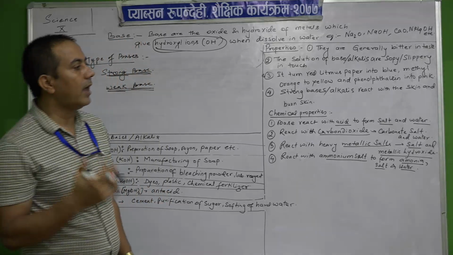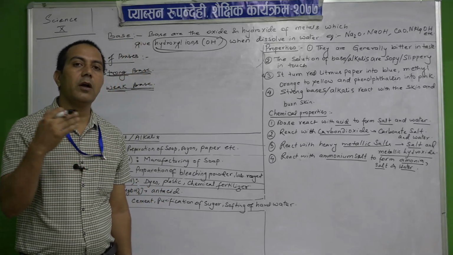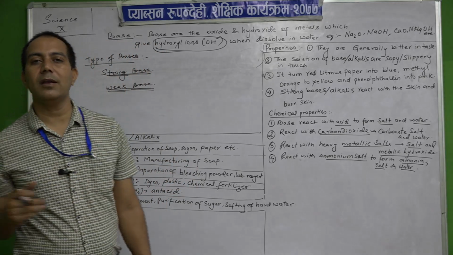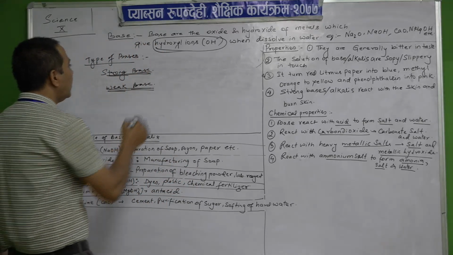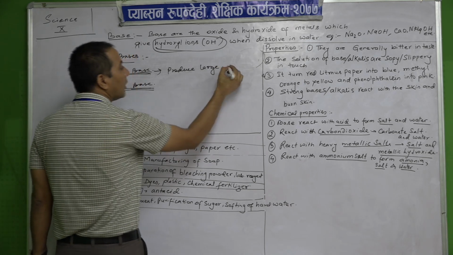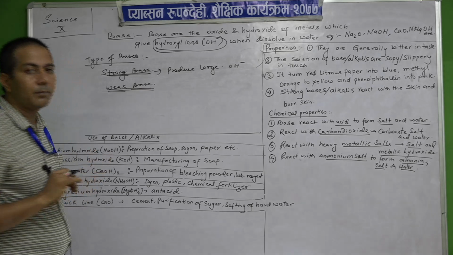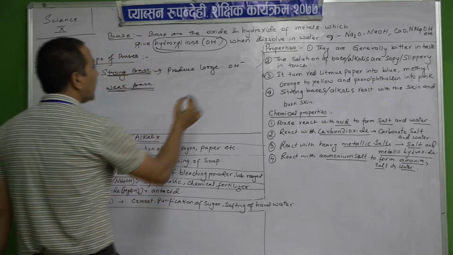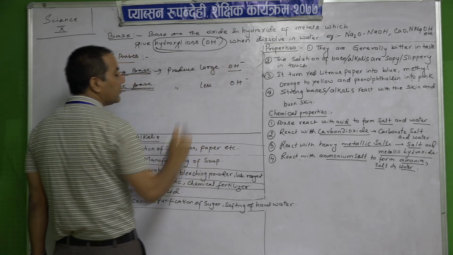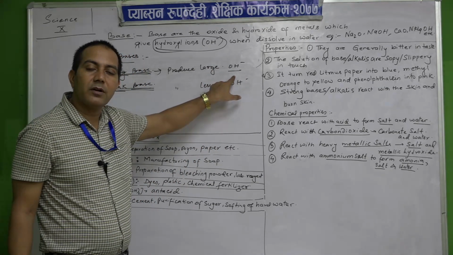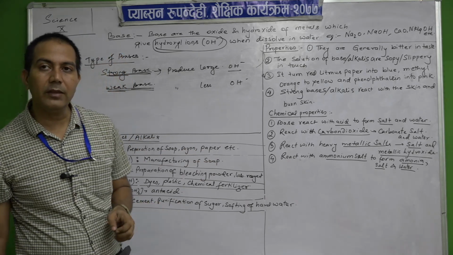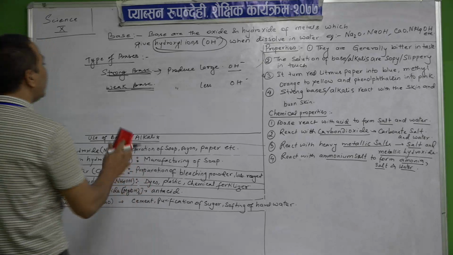When a base dissolves in water and dissociates completely, producing a large amount of hydroxide ions, it is called a strong base. Those that produce less hydroxide ions are called weak bases.